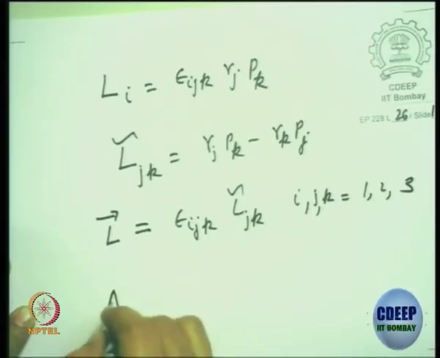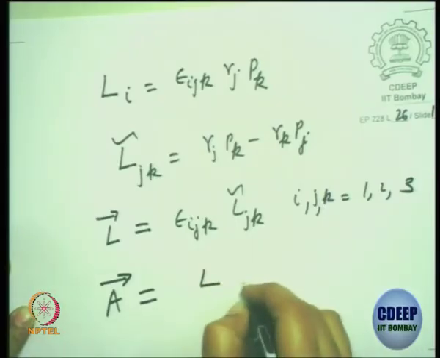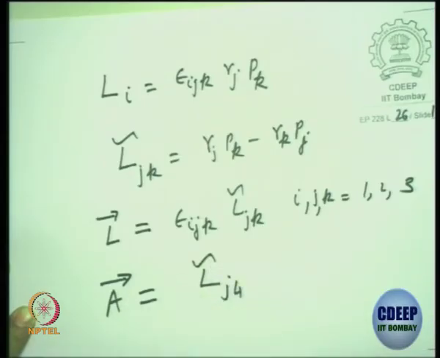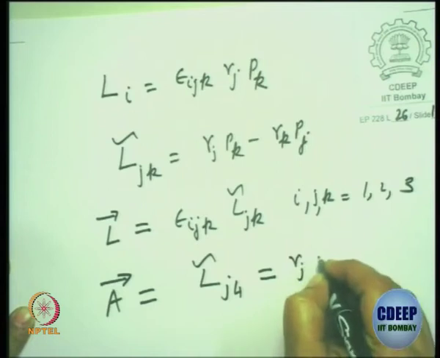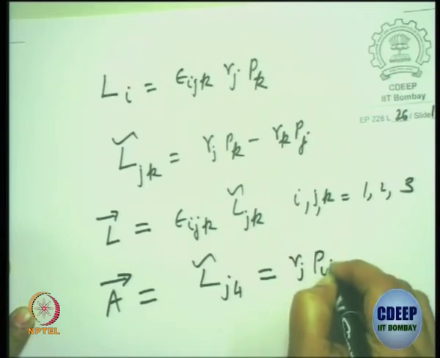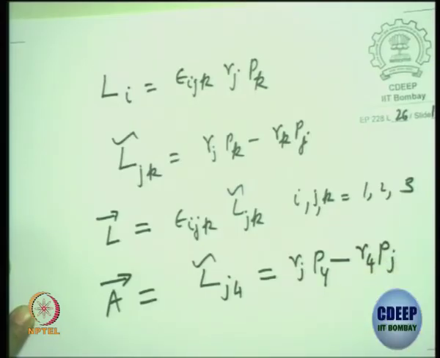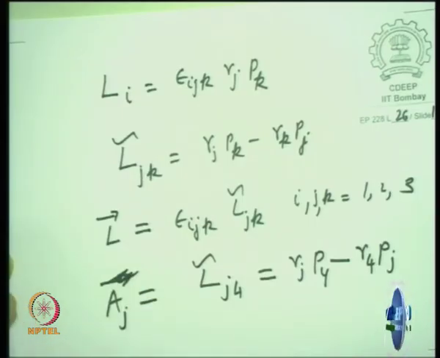You can write your A vector as L tilde j4, by putting in a fourth fictitious coordinate. What is this? L_j4 is R_j P4 minus R4 P_j. This is where the Runge-Lenz vector components, A_j, can be rewritten.